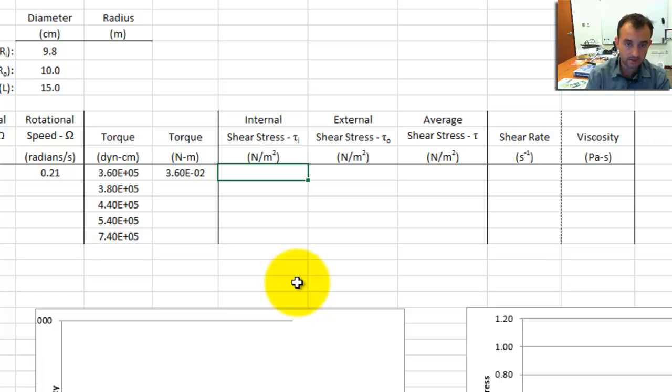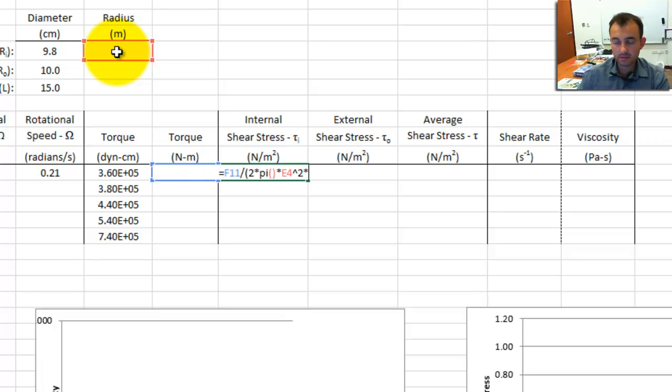So in this case I have to divide the torque by 2 times pi times the radius squared times the length.